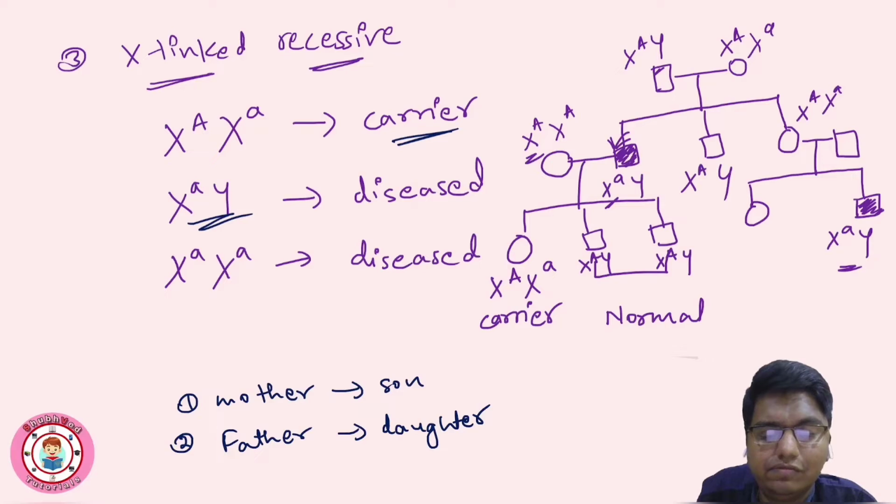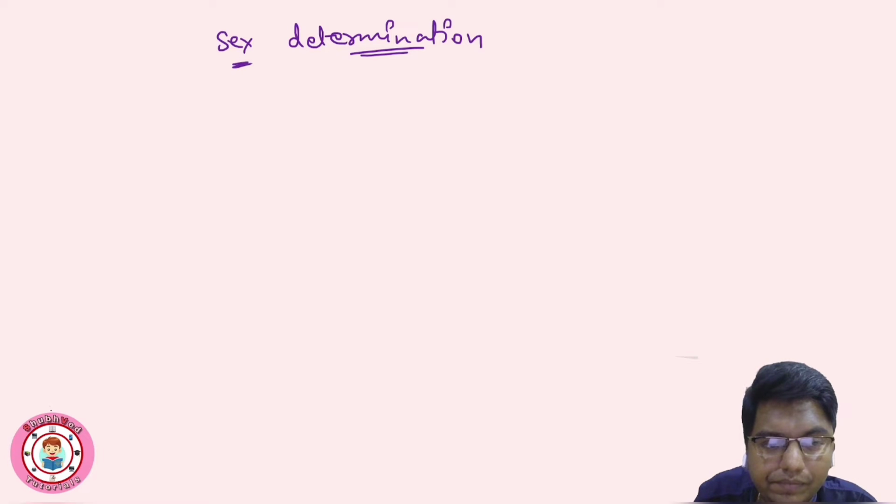So we have to understand these X-linked traits very carefully. First of all, X inheritance we know. Sex determination we have to understand first, and then correlate with X-linked traits. I will try to explain sex determination again.